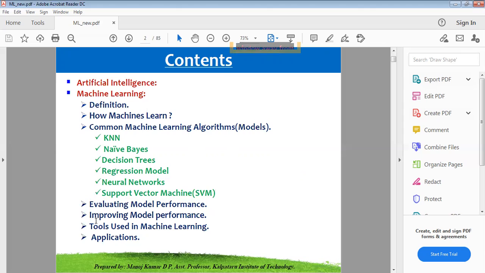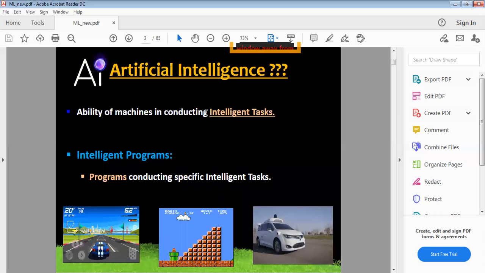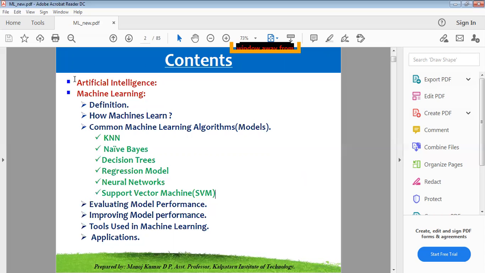Next, improving the performance. Next, which tools are used to evaluate and improve, and the applications. These are the concepts you will be seeing. In today's class, we will go up to artificial intelligence and machine learning. Tomorrow you will get into each and every concept of the machine learning algorithms.